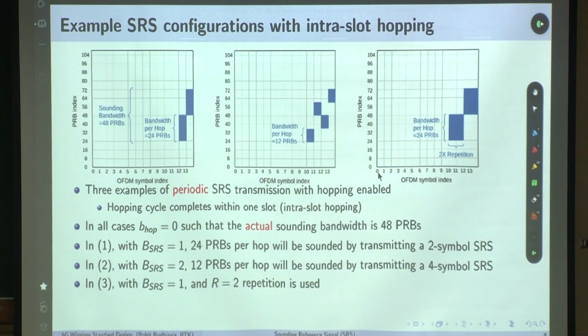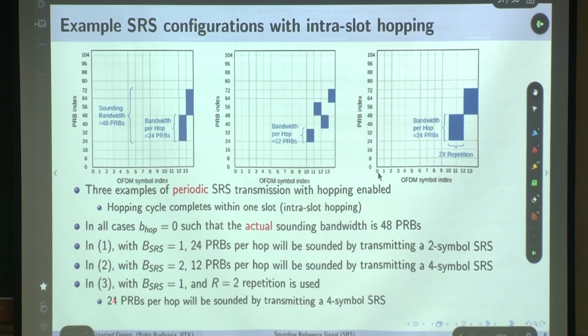And what is this? 24 PRBs will be sounded by transmitting a 4-symbol SRS. The bandwidth per hop is 24 PRBs, but you are using a 4-symbol SRS, because we are using a repetition factor of 2.